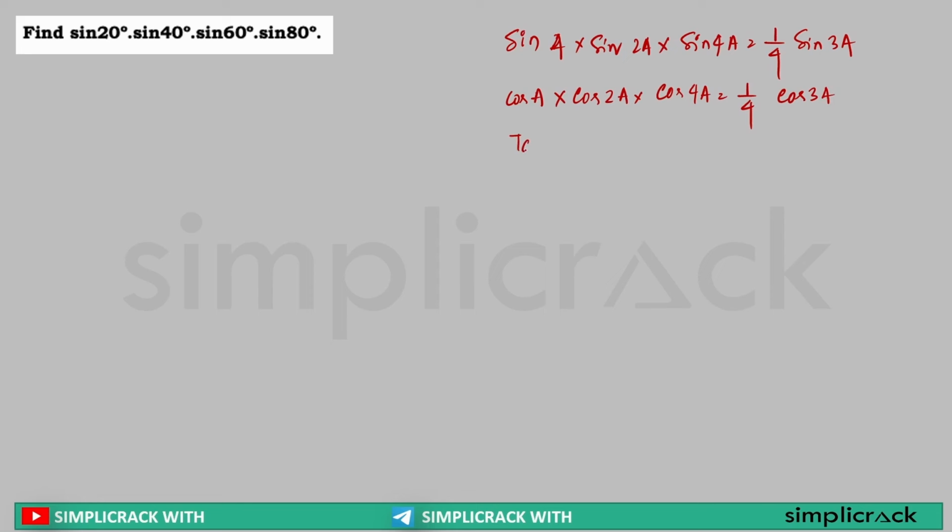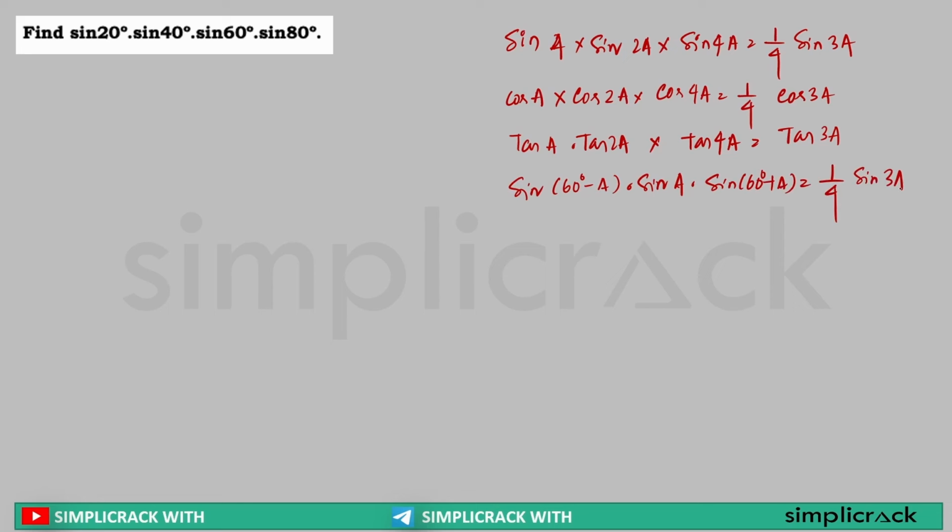If it is written tan A into tan 2A into tan 4A, the value will be directly tan 3A. Clear? Or if it is written as sine 60 degree minus A into sine A into sine 60 degree plus A, the answer will be 1 by 4 sine 3A.